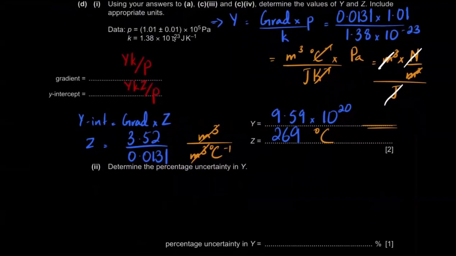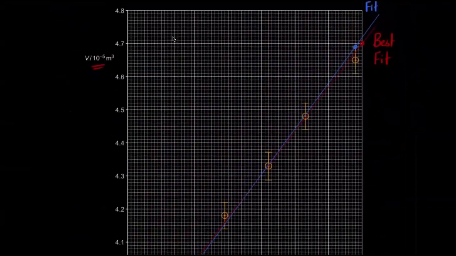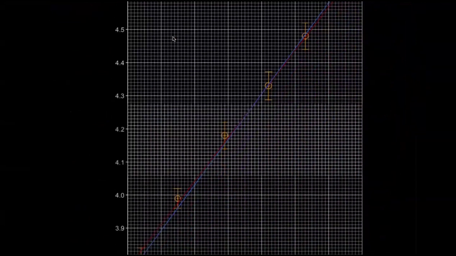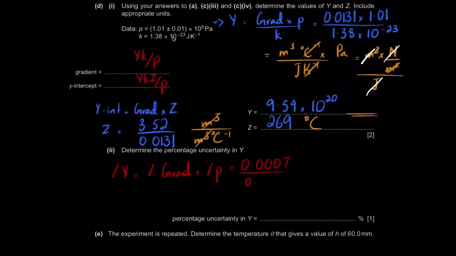All right. Percentage uncertainty in Y, if you look at the formula, is going to be the percentage uncertainty in the gradient plus the percentage uncertainty in P, right? K is a constant, so no percentage uncertainty here. For the gradient, I need to go up and see what these values were. So 0.307 over 0.0131 times 100.